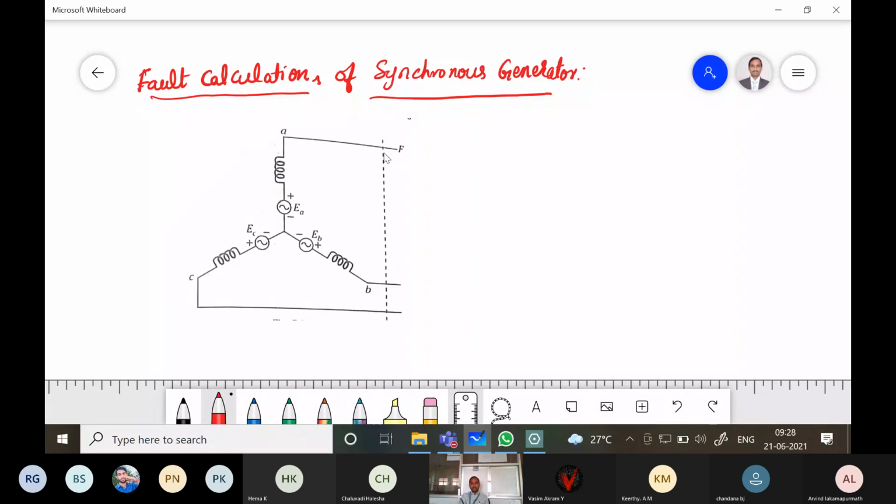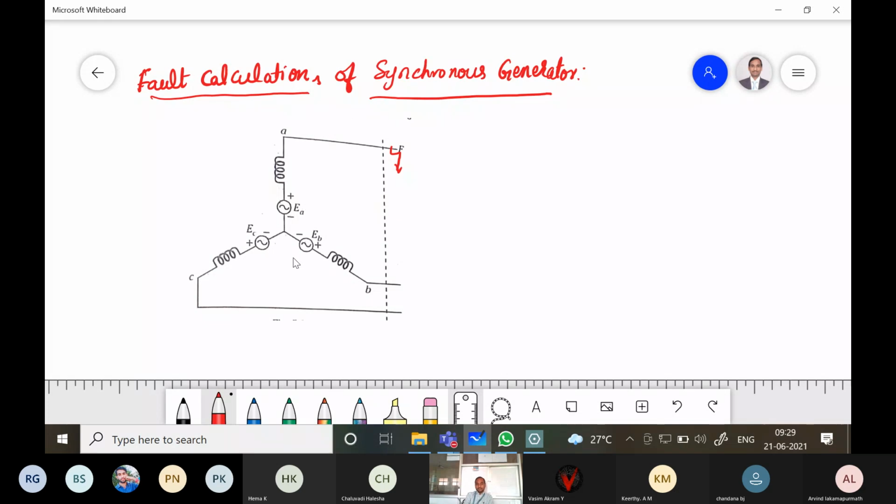Here the fault occurred in the A line, as shown in the diagram. The fault may be unsymmetrical, but here it is completely a symmetrical system. The balanced generator is there, but the fault is unsymmetrical. Balanced system means EA, EB, EC are 120 degrees apart.